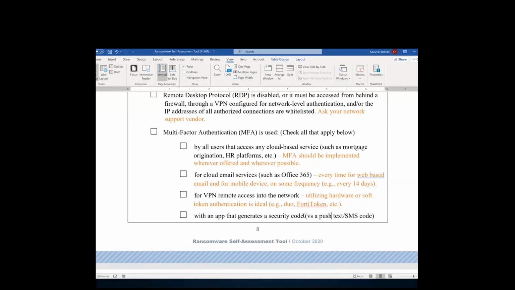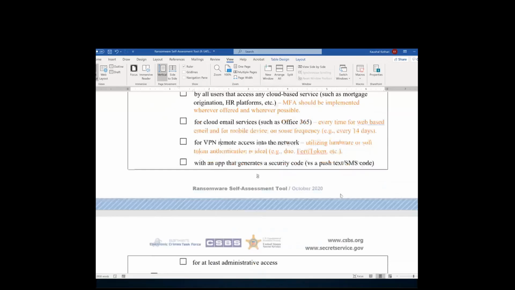So they're suggesting an app that generates a security code. With Office 365, we really haven't seen too many SIM swap attacks. But anytime you can use a hardware or a soft token as opposed to SMS-based authentication, that's going to be ideal. Here again, you're just checking off what you have, and I would add some commentary behind each. But for VPN, you definitely should not be using text-based authentication.